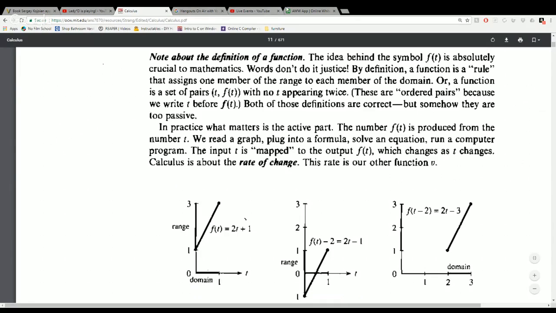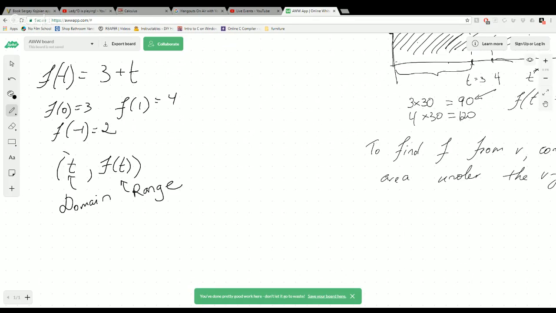So he says that when you plug in something from the domain, in other words, this t, you automatically get a member of the range assigned to that t. And we see that here. Here's our thing from the domain, t. Here's our member of the range, f of t, assigned to it.